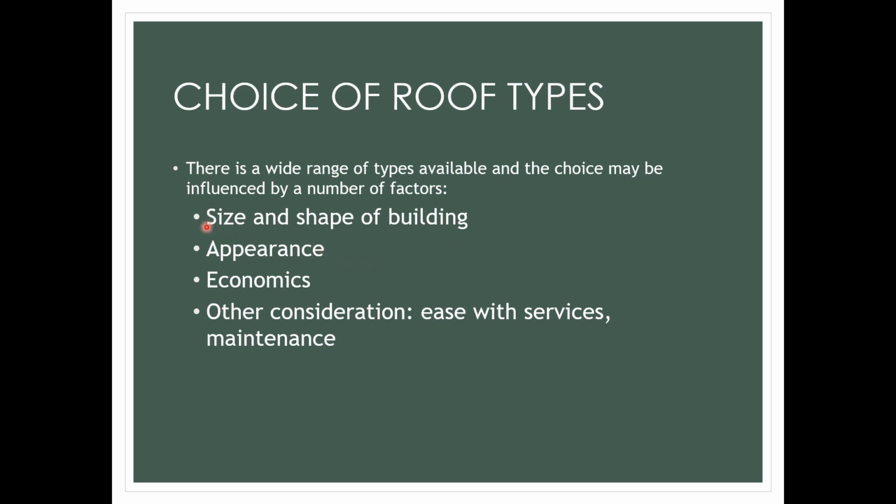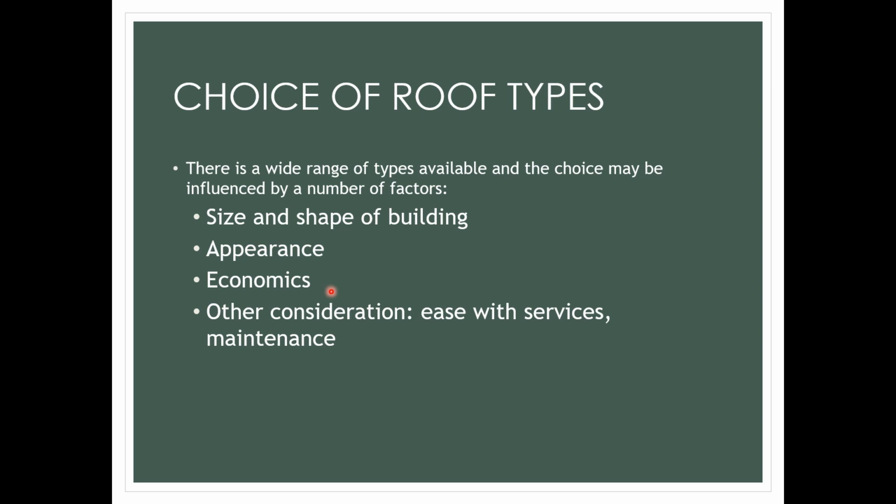And then appearance. Perhaps this roof could be one of the main attractions for that area, for that building, so we have to consider the appearance of the roof. And then economics. How much is the cost or value of this building, including the roof structure itself.